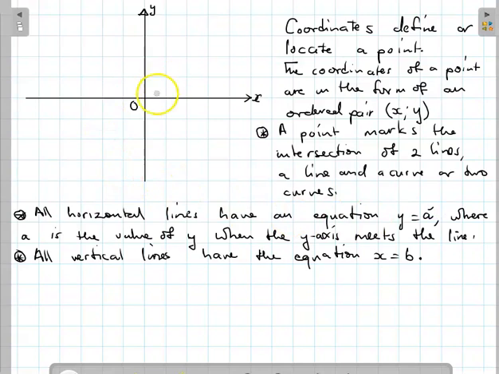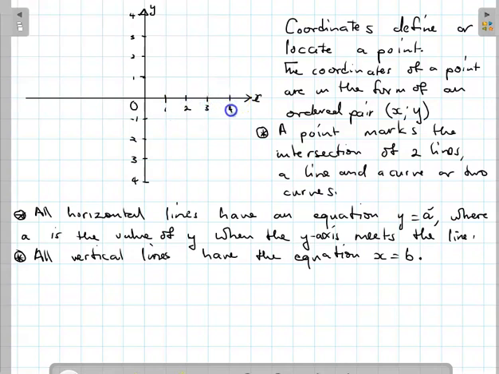Now let's put this into perspective. So let's label our axis here. Our axis here, this is 1, this is 2, this is 3, this is 4, and then down below here we have -1, -2, -3, -4, and then here we have 1, 2, 3.